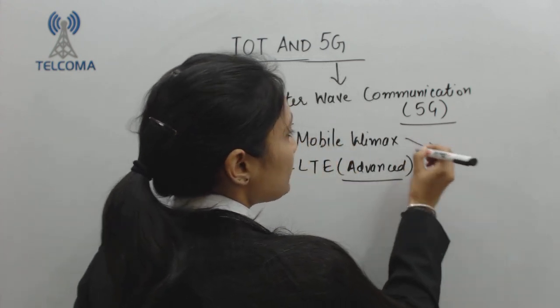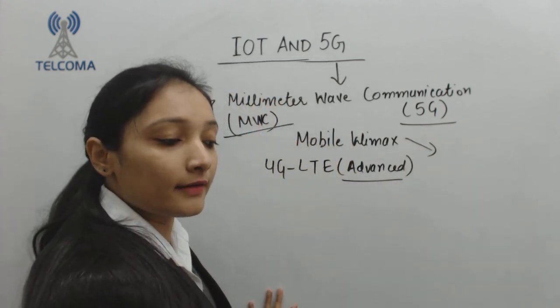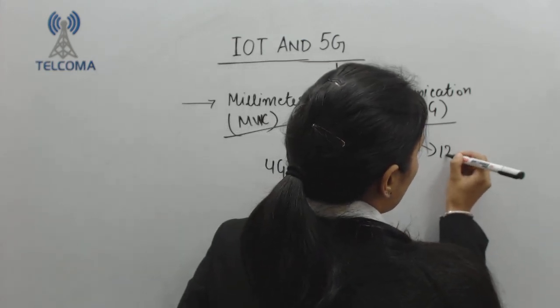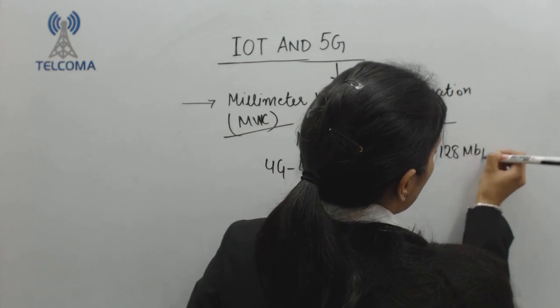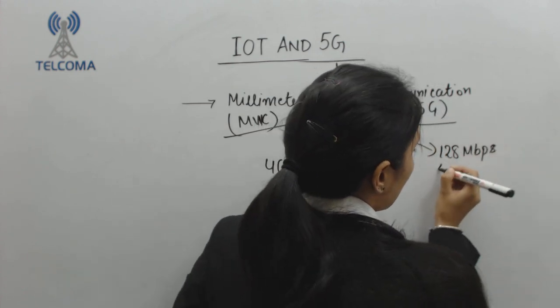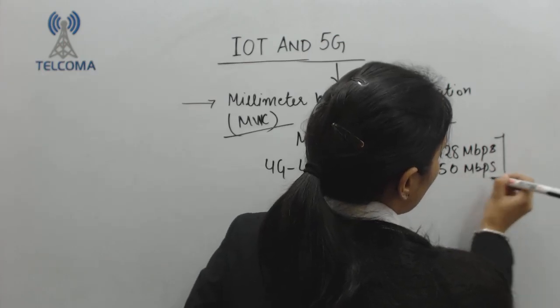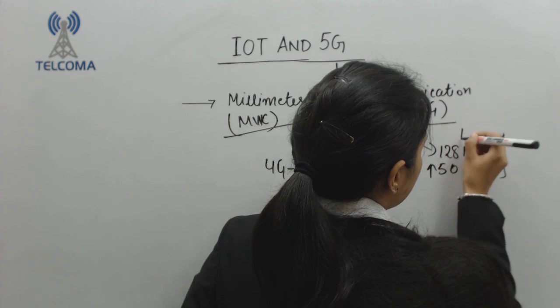This is your IEEE standard, which is able to provide speeds in a very good atmosphere of up to 128 Mbps for download and up to 50 Mbps for upload.